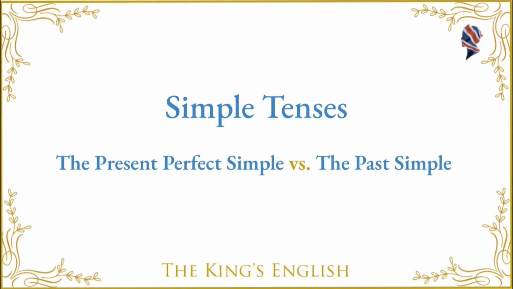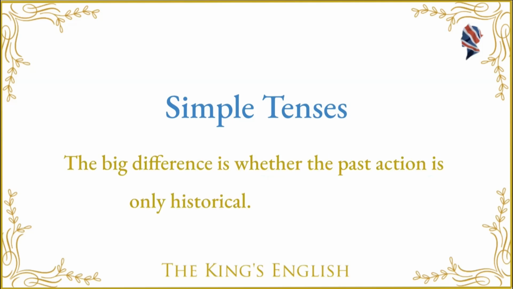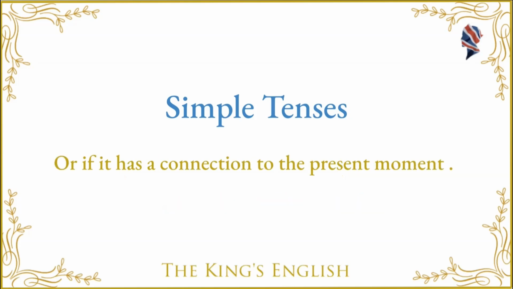The present perfect simple versus the past simple. The big difference is whether the past action is only historical, past simple, or if it has a connection to the present moment, present perfect simple.